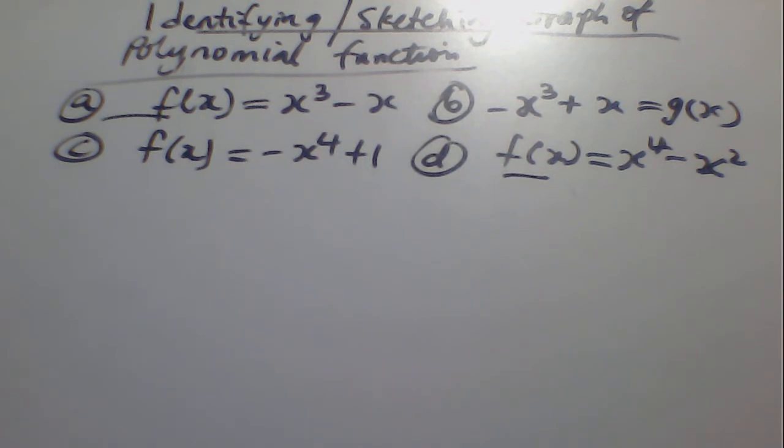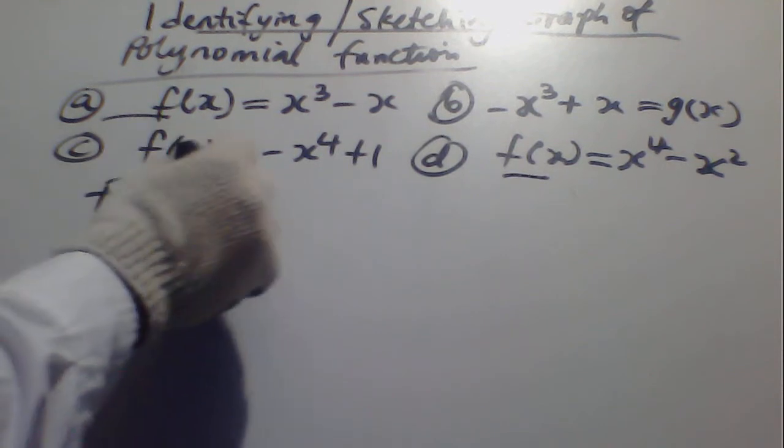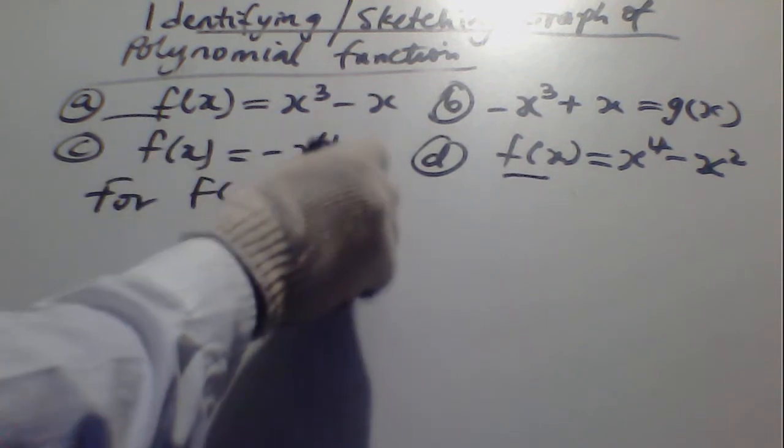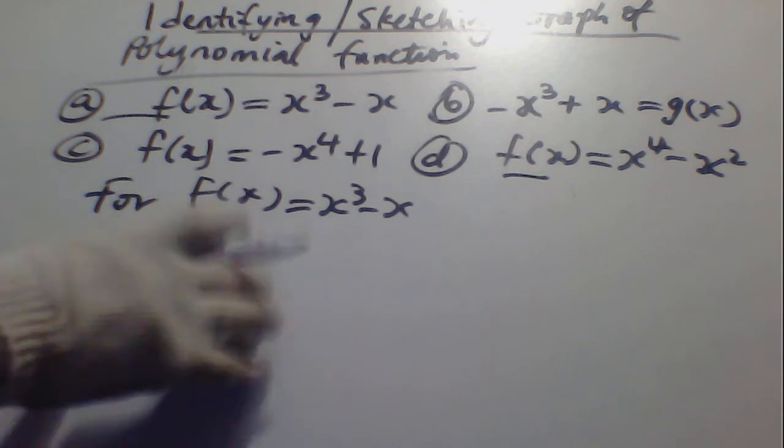I will provide the solution for you. So for f of x equals x raised to the power 3 minus x, you are required to sketch this function on graph paper and give reasons why you can say it is a polynomial function.